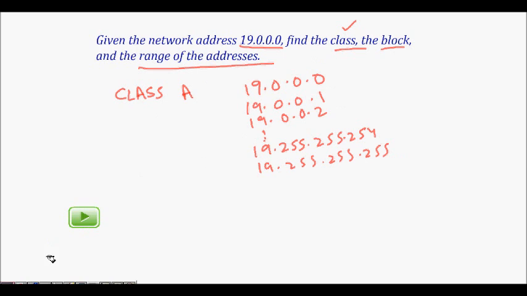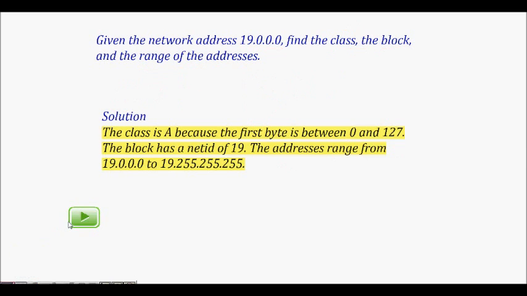This is the range of addresses. I have the answers also for you. The class is A because the first byte is from 0 to 127. The block has net ID 19, and the address ranges from 19.0.0.0 till 19.255.255.255. I think I've done it correctly.